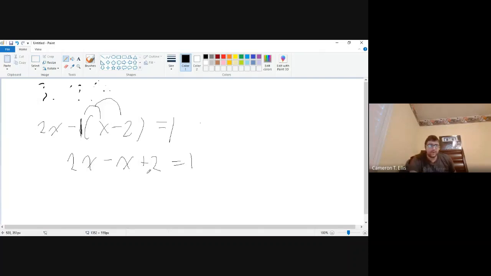So now we got to try and get like terms, right? 2x and minus 1x, remember that's an invisible 1. What's 2 minus 1? 1, right? So we just go back to x, or 1x, right? Plus 2 equals 1. And I want to get the whole numbers with each other. Subtract 2 from both sides. I cancel.